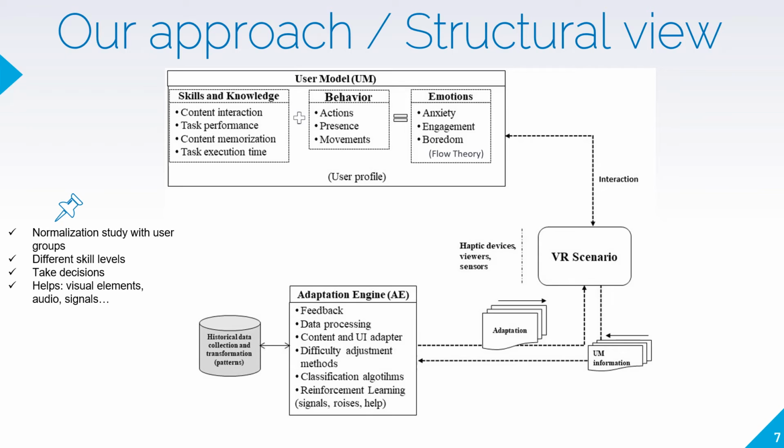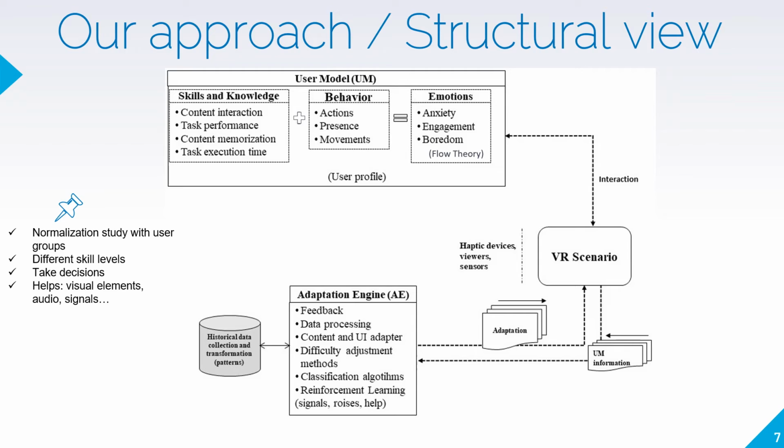In this way, the adaptation engine adjusts the content and optimizes for user groups rather than independently. The content adjustment relies on highlighting visual elements, playing audio or other signals that do not cause too much noise in the environment, so that the user is not disoriented from the activity.